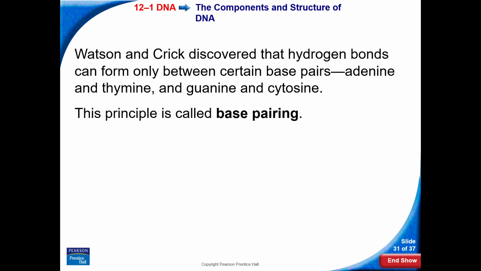Whenever we talk about the nitrogen bases bonding together to make the steps in the ladder, adenine always bonds with thymine and guanine always bonds with cytosine. And we call this pairing of the nitrogen bases base pairing. So we always know that on one side, if there's adenine, the other side will have thymine, and if one side has cytosine, the other side will have guanine.